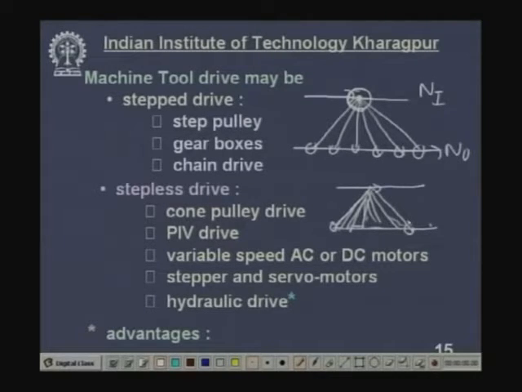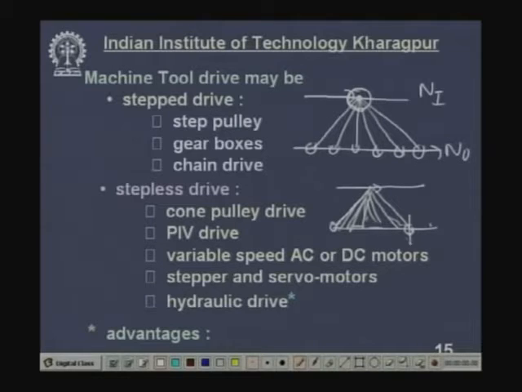This is called stepless drive. Say 500 RPM, 501 RPM, 399 RPM, any RPM in between these two speeds, this is called the range. Now, this can be obtained by cone pulley drive, PIV drive, positive infinitely variable speed drive, variable speed AC and DC motors, stepper motors and servo motors, hydraulic drive.